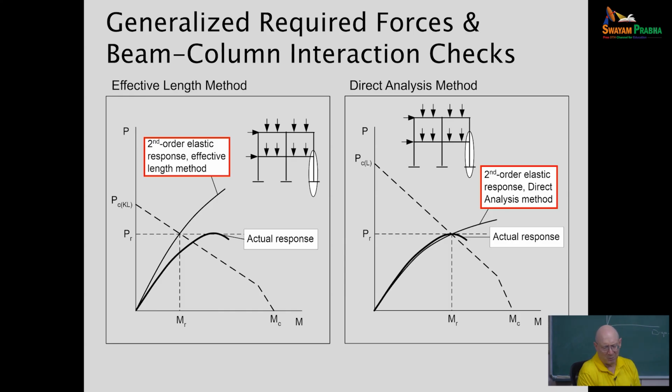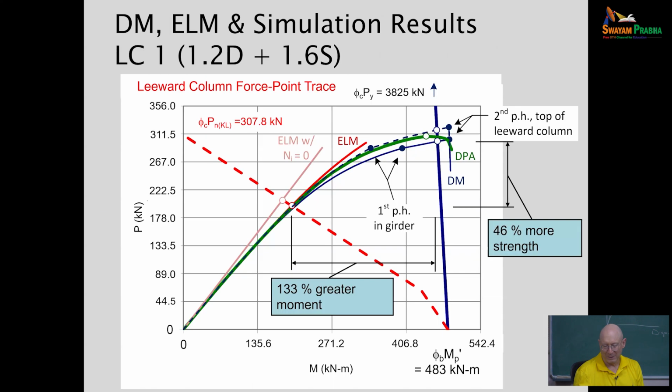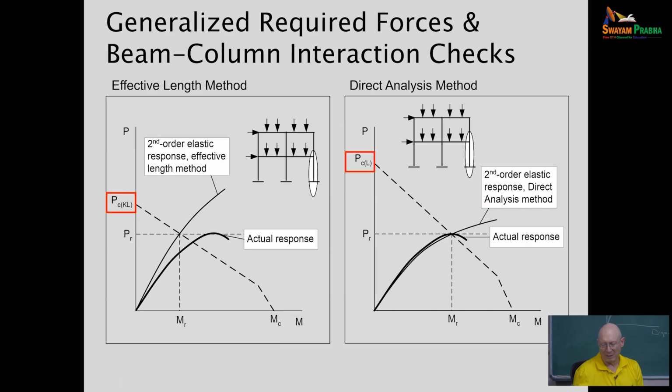The two are not the same, but if everything is working the way we would hope, and we think of capacity as the amount of axial force we can develop in the columns, the vertical axis here for P, we get essentially the same level of P as the actual response when we're doing the effective length method. You can see that with the example we just had, if we go back, we were conservative.